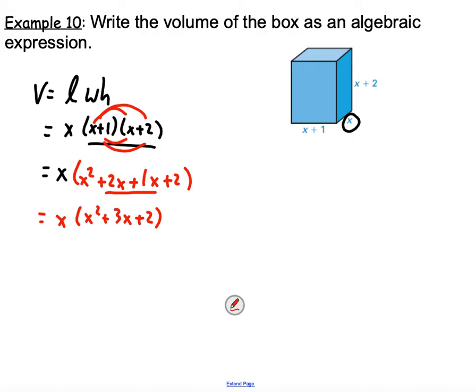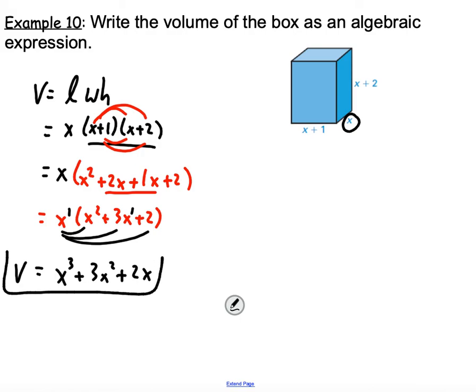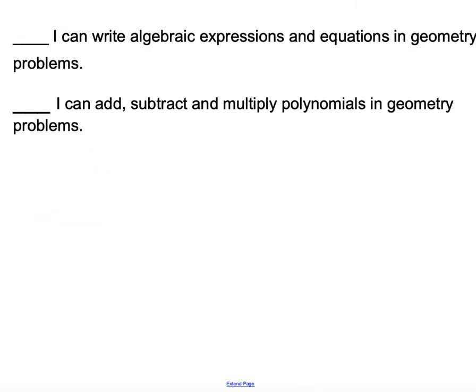And then the last thing you want to do there is distribute the x through. So you get x to the third. Remember, you add those powers together. And then plus 3x squared, because again, you're adding those powers together. And then you get plus 2x. So there's our volume of that box.